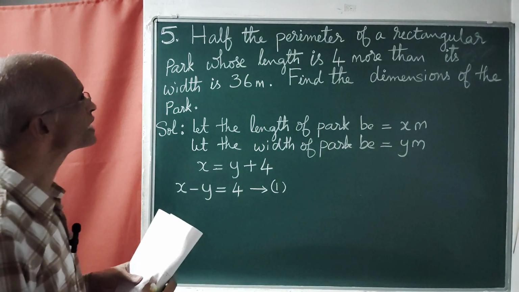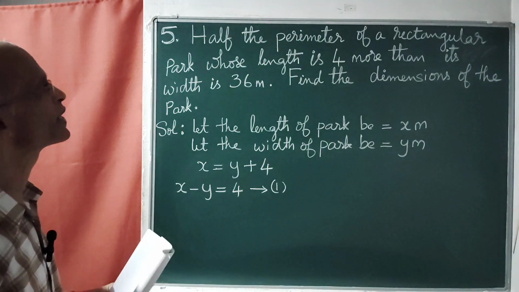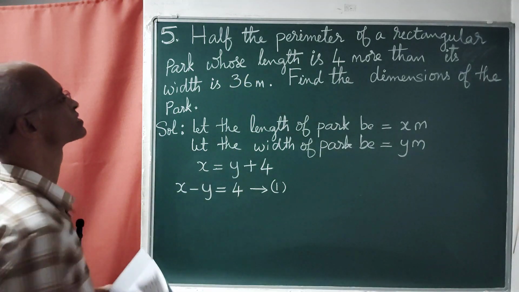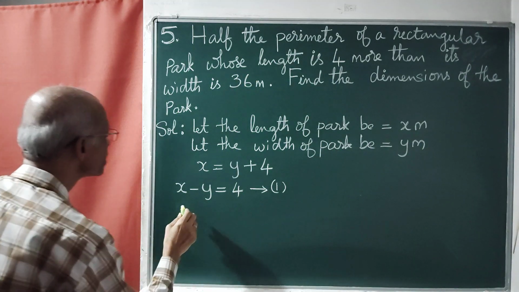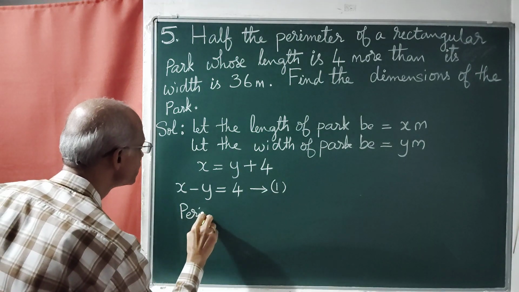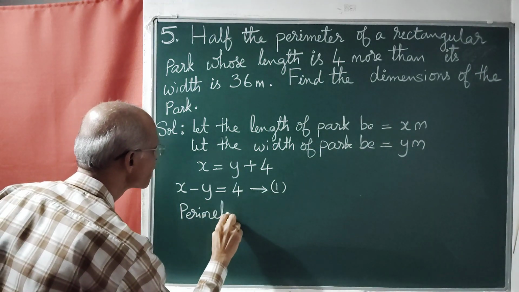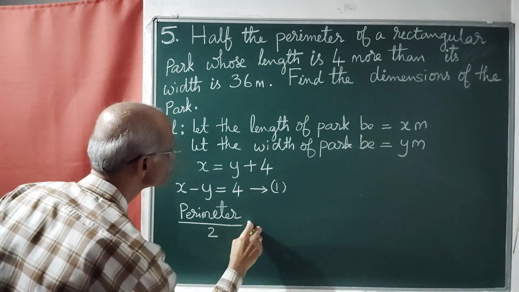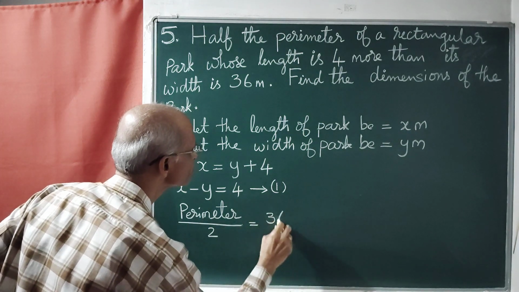Now, next, half the perimeter is 36 meters. So perimeter divided by 2 is equal to 36 meters.